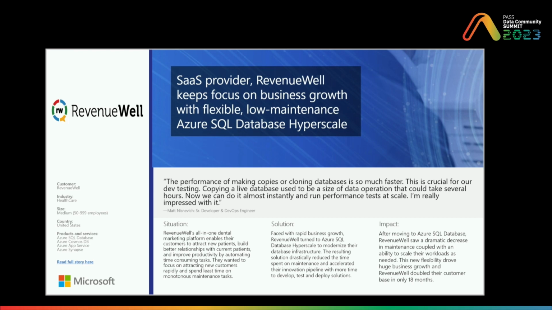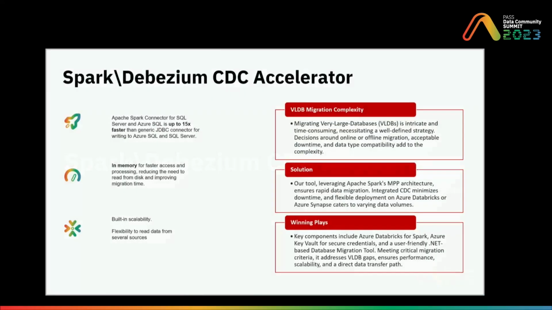So for large databases, terabytes of data as well, this is near instantaneous, which is a great thing, and they have doubled their user base within 18 months. So moving on quickly. Sorry, you can stop me anytime and ask questions.